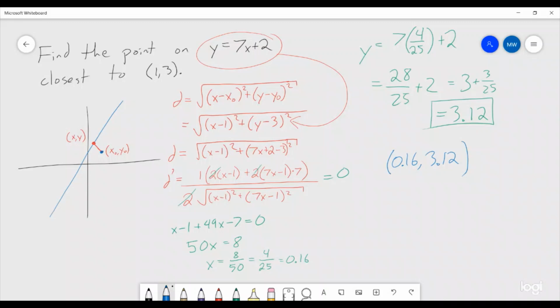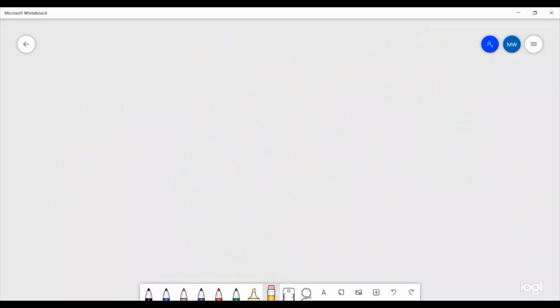Okay, let's do a Newton's method problem. Okay, so for Newton's method, let's say that we have the following problem.